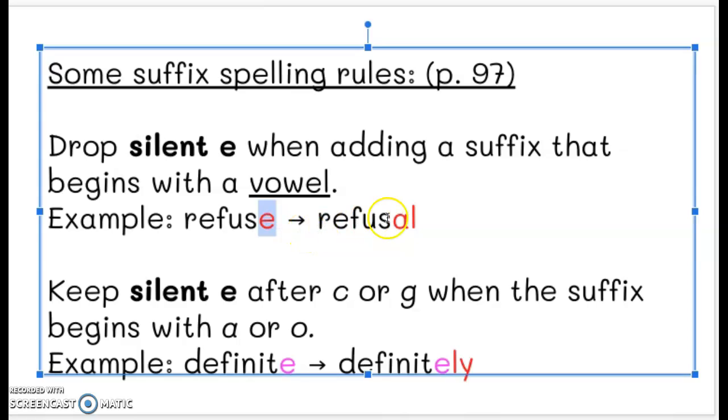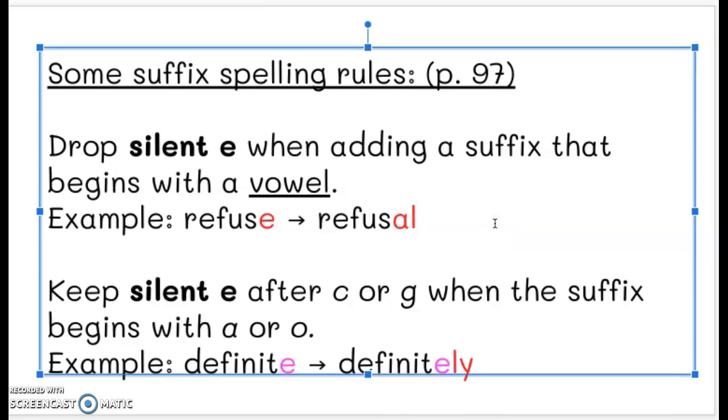When you add the suffix AL, you're going to drop the E to add AL. For example, if it's like this, that's spelled wrong, as you can see. That's why you have to drop the silent E. And that is the correct spelling.